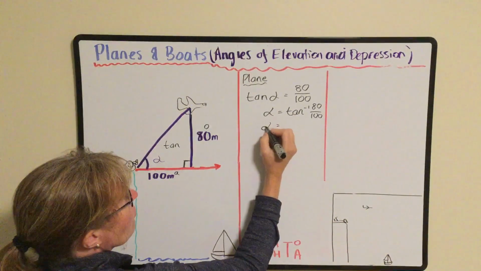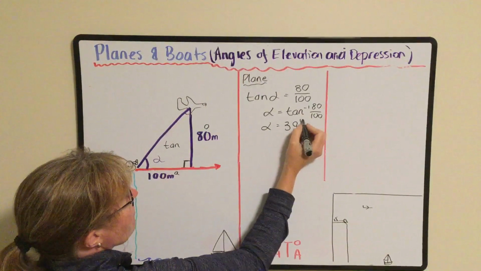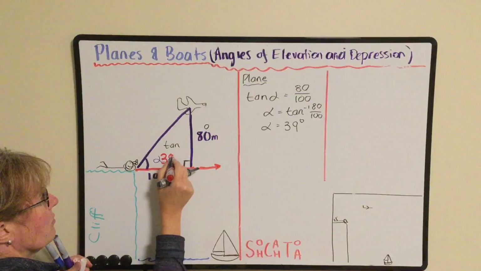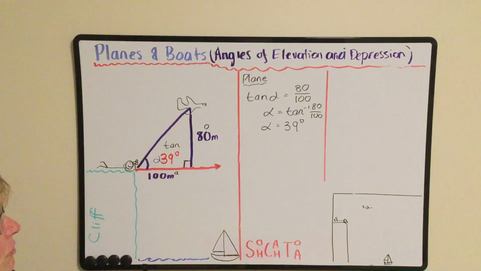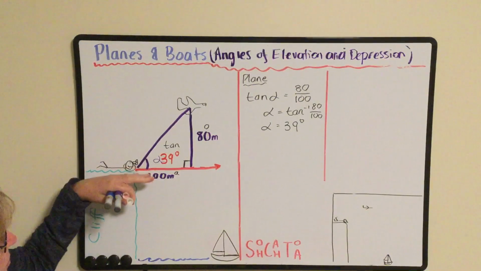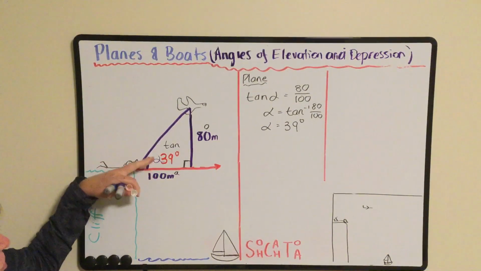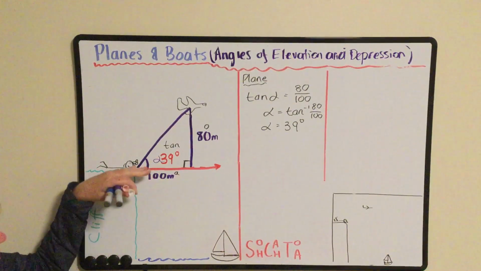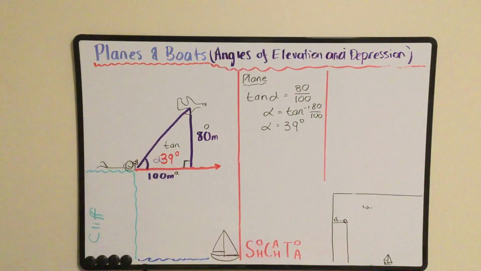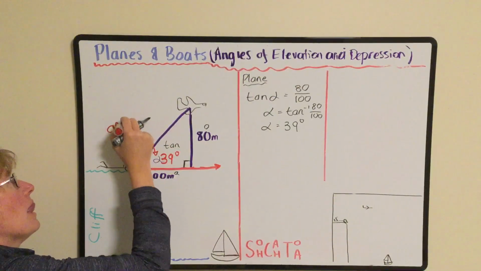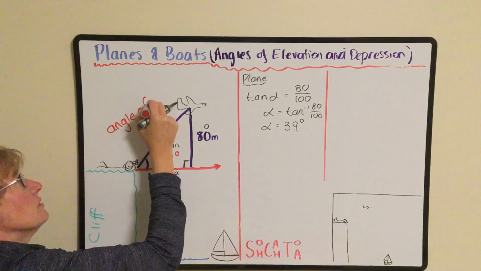You will end up with alpha equals 39 degrees. So we've just found that this angle in here is 39 degrees. And in fact, what we've found is the angle of elevation. The person looking out that way has to lift their gaze 39 degrees or elevate their gaze 39 degrees to be able to see the plane. So this angle in here is the angle of elevation.